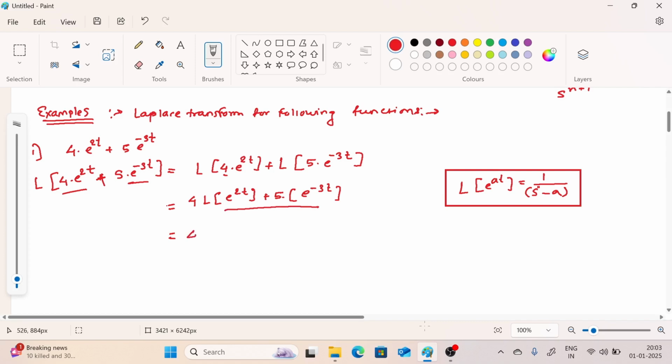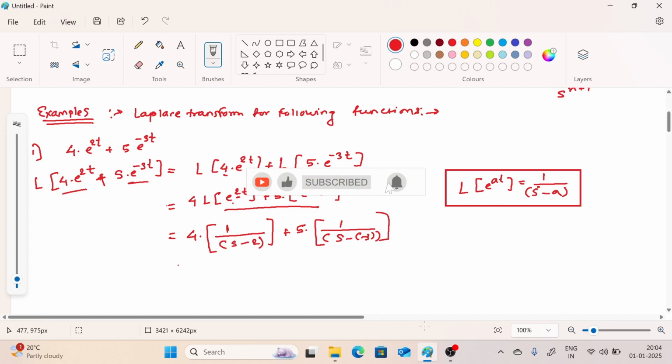So 4 into e raised to 2t, here 2 is the constant, so I will get 1 upon s minus 2, plus 5 into, the same way, e raised to minus 3t, 1 upon s minus a, where a is minus 3.